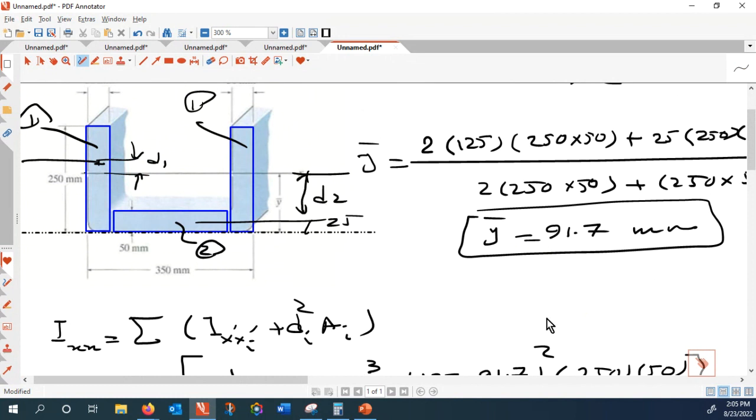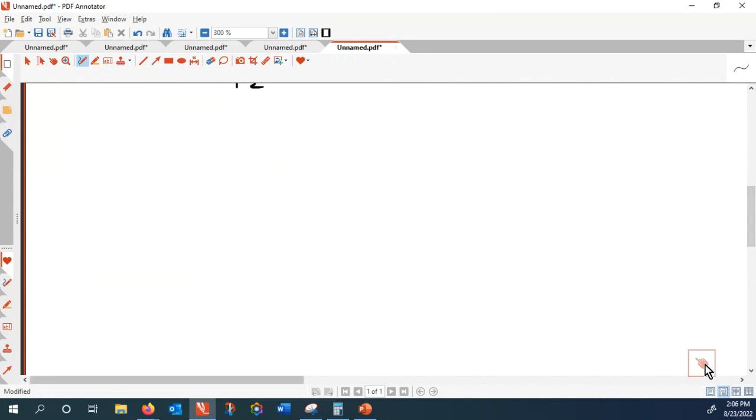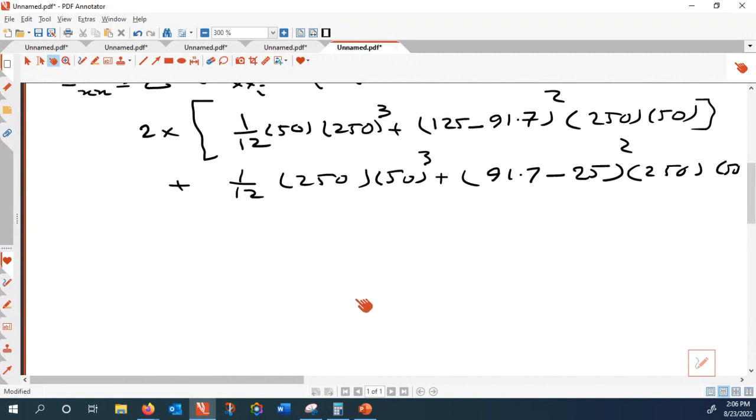This is D2. And the area is 250 times 50. Okay, so if you add all these, that is the moment of inertia for the entire shape. And the unit is millimeter to the power of 4.